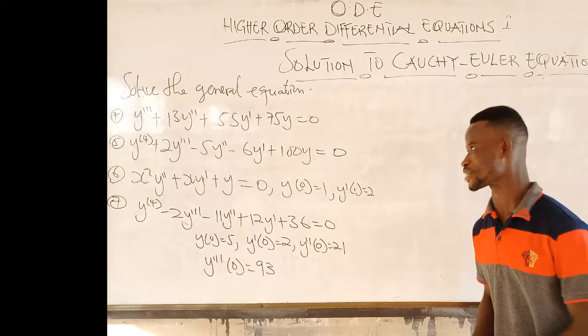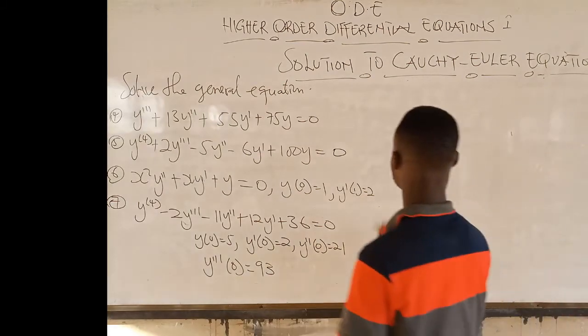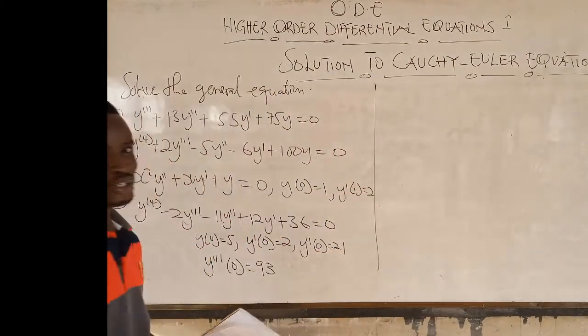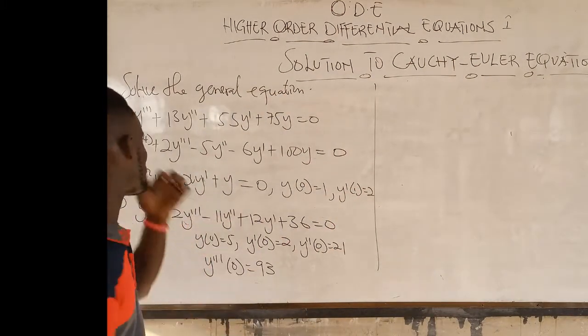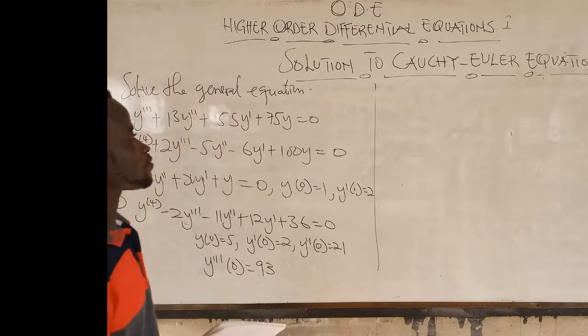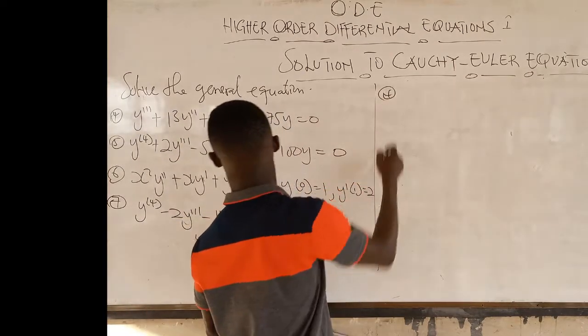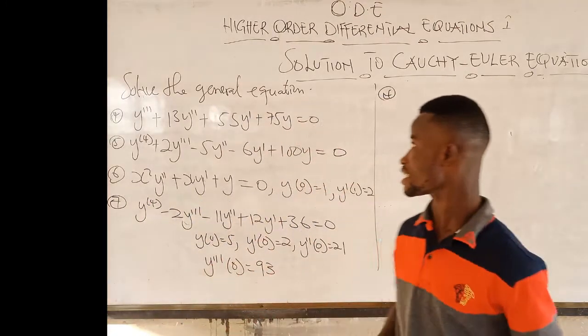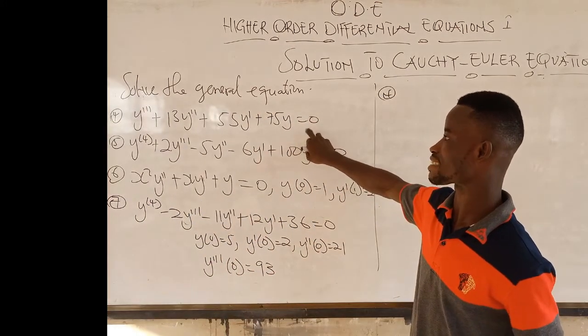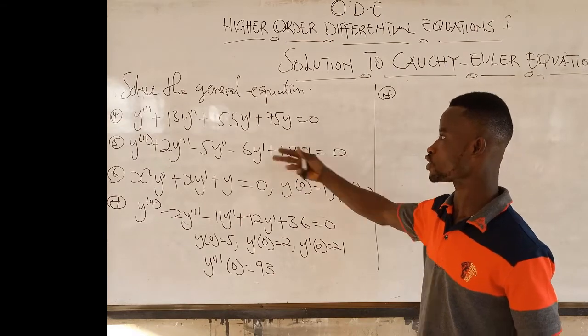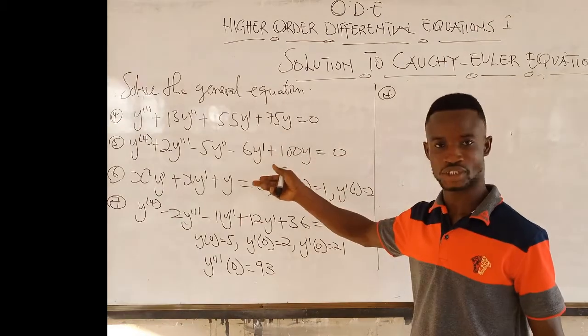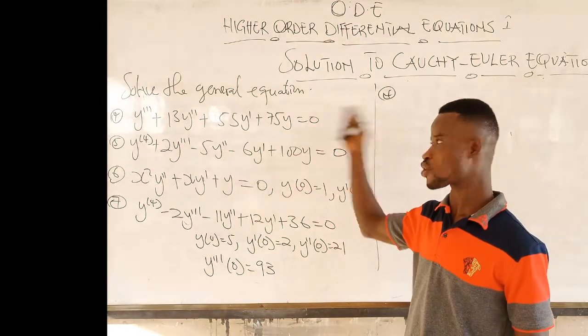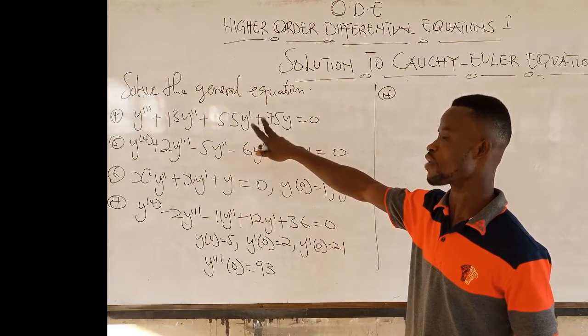Alright, so let's look at this question. How are we going to see where they are coming from? Very good. So let's start with the fourth one. Okay. So this is the fourth order, right? But is this one a Cauchy or not a Cauchy? Very good. It's not a Cauchy because there is no variable in it.